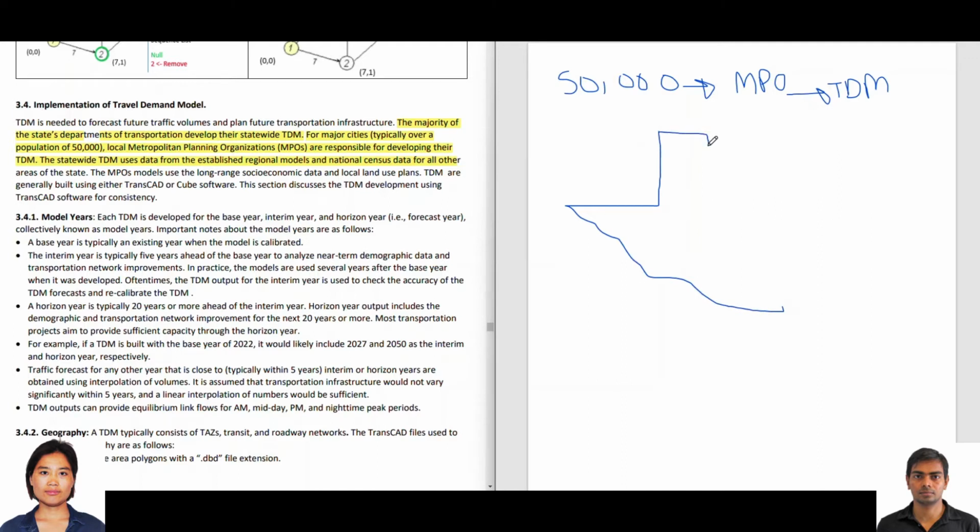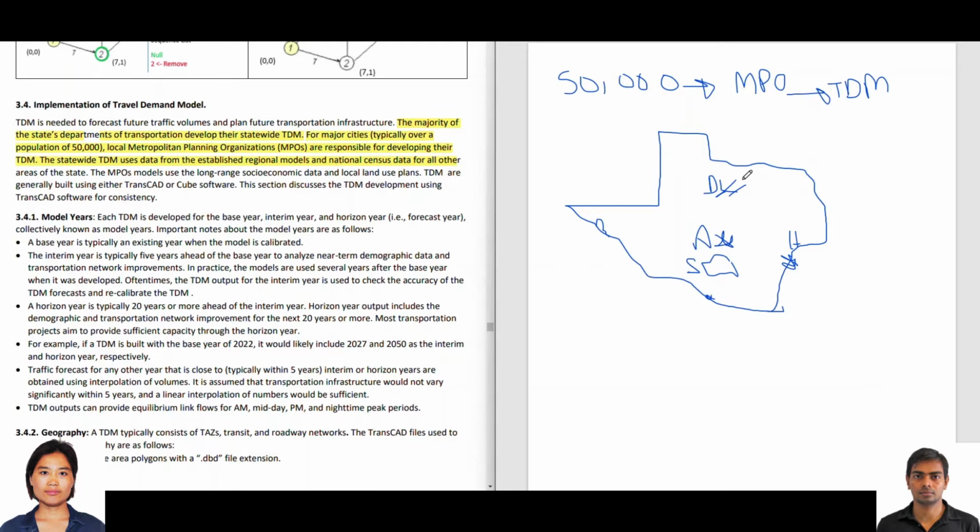So if I can draw Texas here, somewhere like this, then we have a major metropolitan area, Dallas and Fort Worth here, then we have Houston somewhere here, then we have Austin where I'm located, this is another metropolitan area, then we have San Antonio here, then we have El Paso here, and then we have Laredo somewhere here. So these are some of the metropolitan areas in Texas.